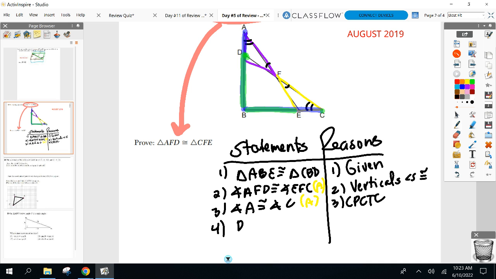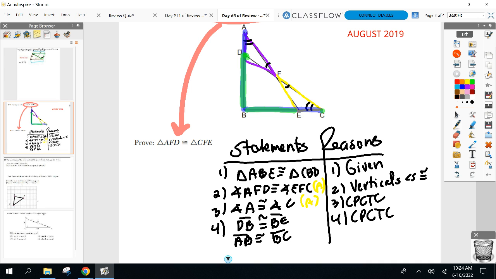So we said DB was congruent to BE. And then we also said AB was congruent to BC by CPCTC. Both those sides are in the big triangle that we already know are congruent. And then what'd you guys tell me to do to them to get it to a side in the smaller ones? Okay, go ahead, subtract them. Subtract, substitute.